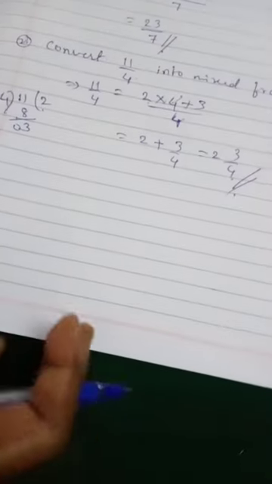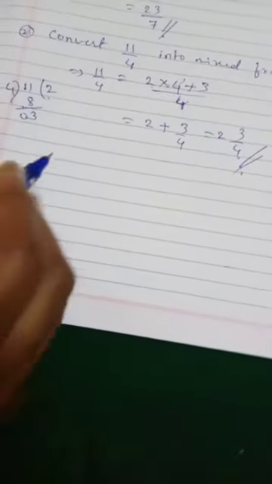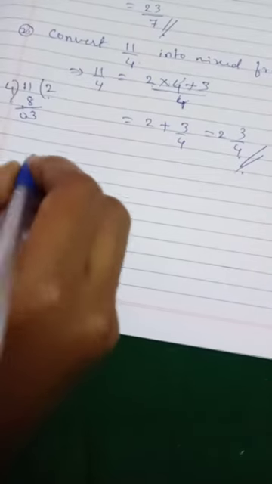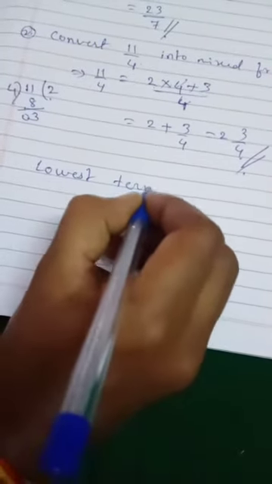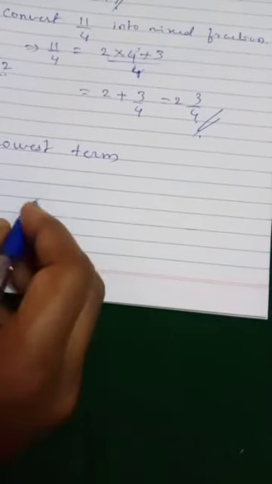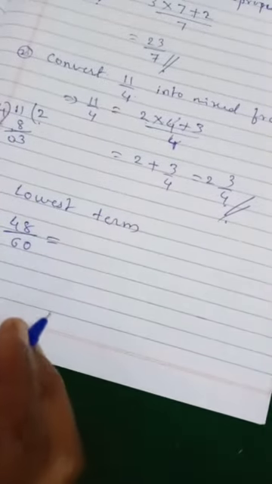Next we'll see reducing a given fraction into its lowest term, or simplest form. So for example, if I take 48 by 60, you have to reduce this one to the simplest form.